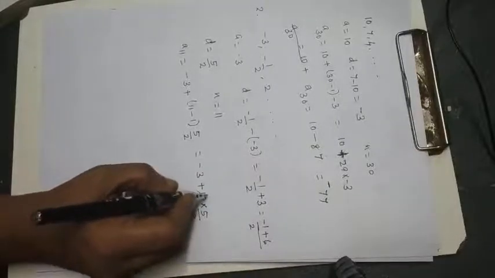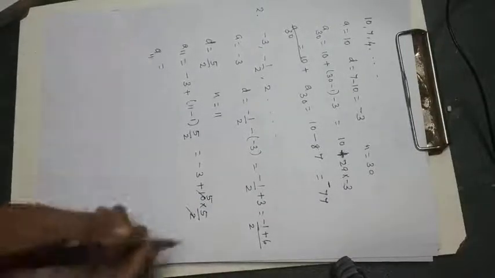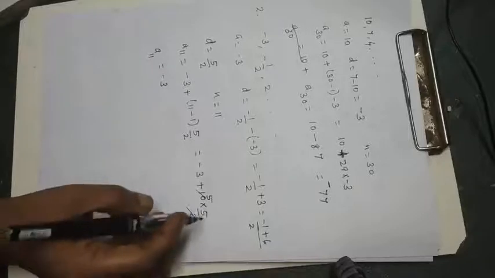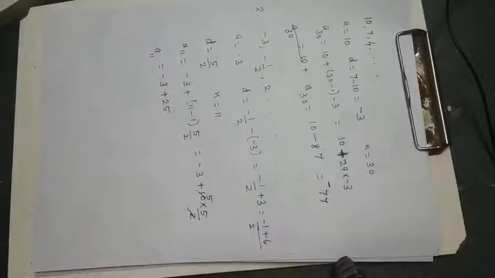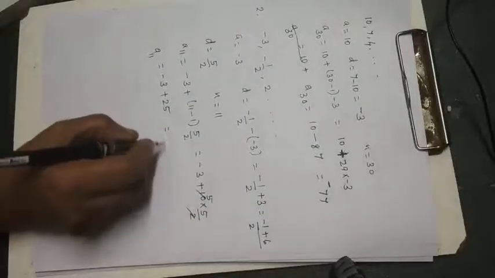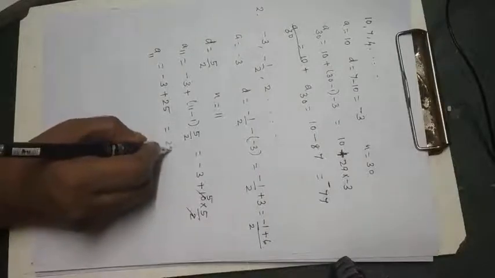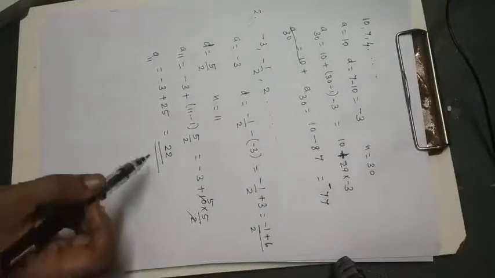You can cancel this. So A11 will be equal to negative 3 plus 25, that is 22. So second option B is the right answer.